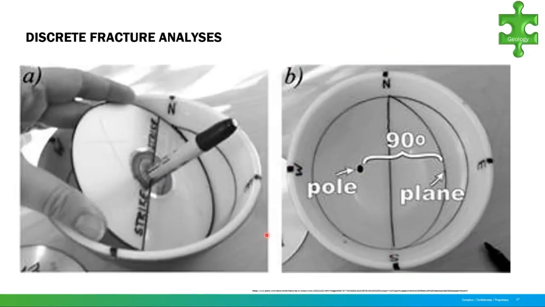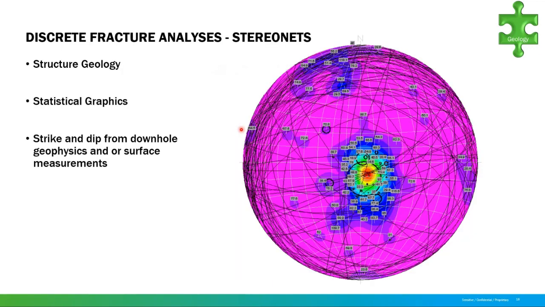So what is a stereonet? The stereonet is a graphical representation of strike and dip of a fracture. In this case, with this very simplistic graphic that I got from an educational website, we have this round circular net, with north at the top, south at the bottom, west on the left, and east on the right.